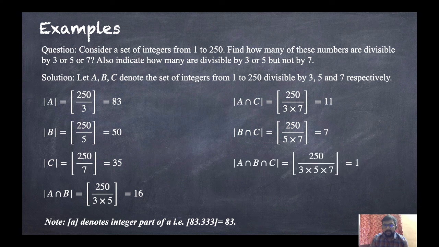Now A intersection B intersection C means divisible by all three numbers. That means 250 divided by 3 into 5 into 7, and that is 2. So only two numbers are divisible by 3 and 5 and 7.